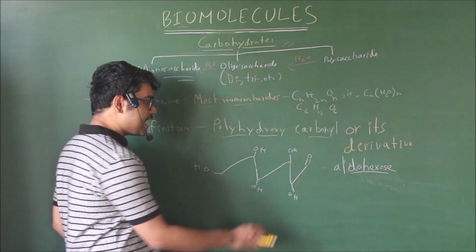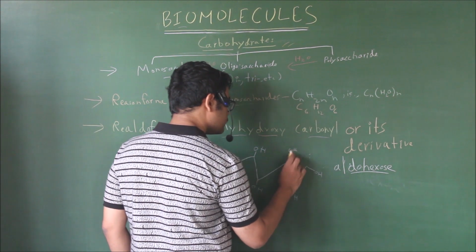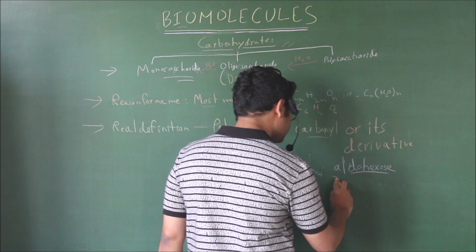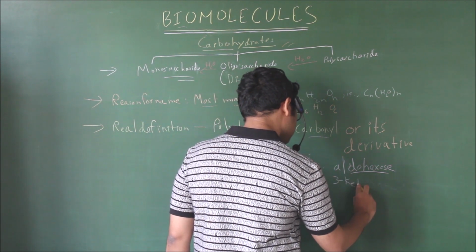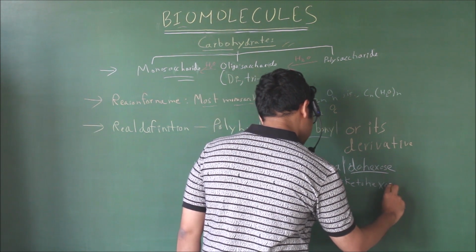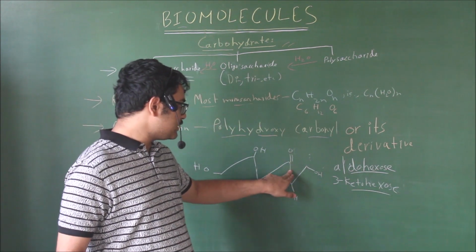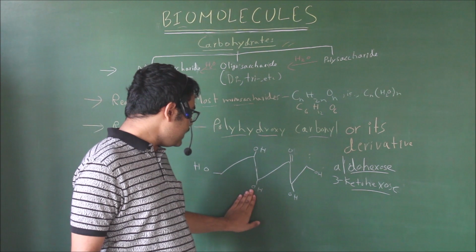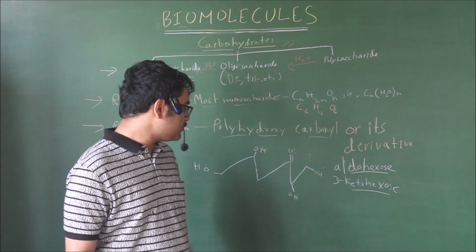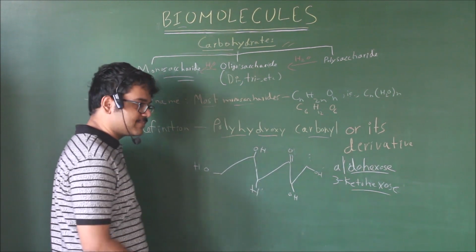If on the other hand, I were to do this, such that the carbonyl group is 3 groups in, then it would be a 3-ketohexose, because it would be a ketone at the third carbon. Finally, if I were just to remove one of the OH groups, effectively I'm removing the O, because the H remains to satisfy valency.